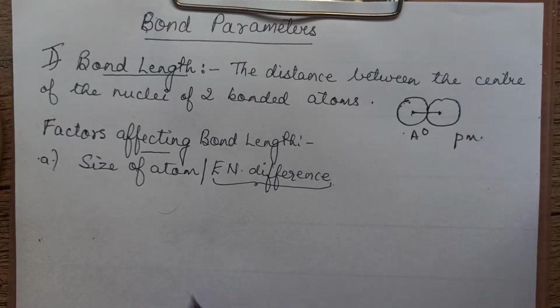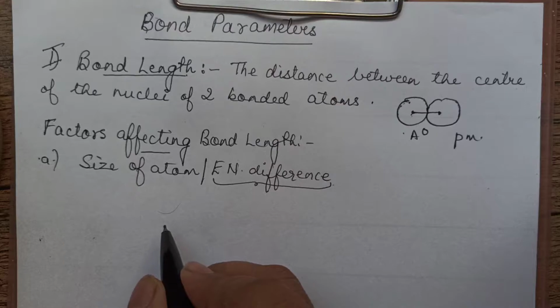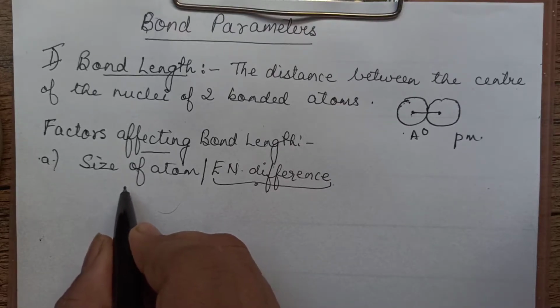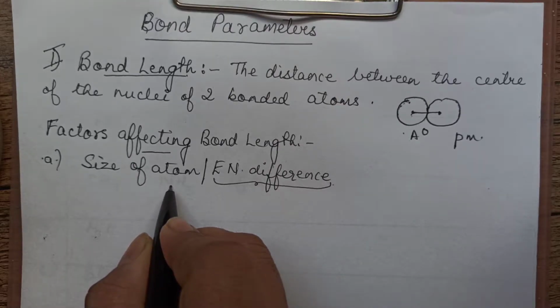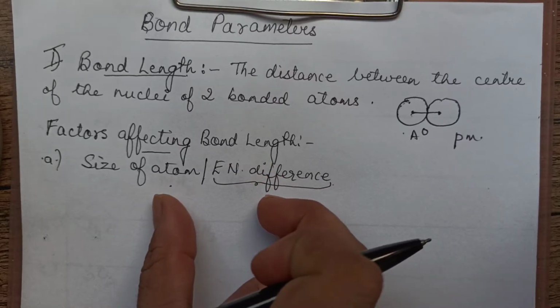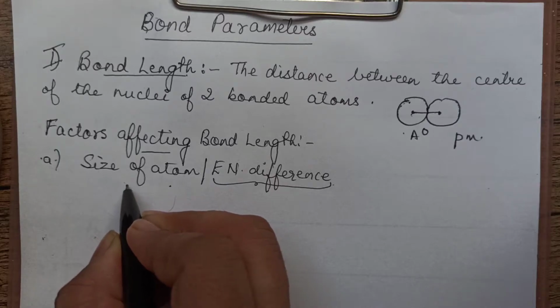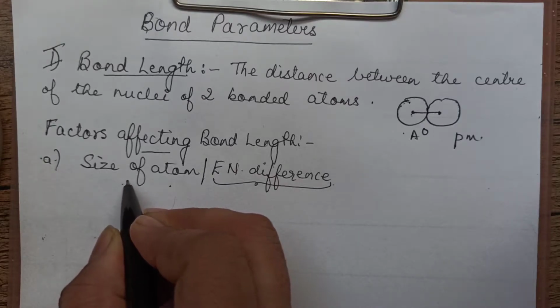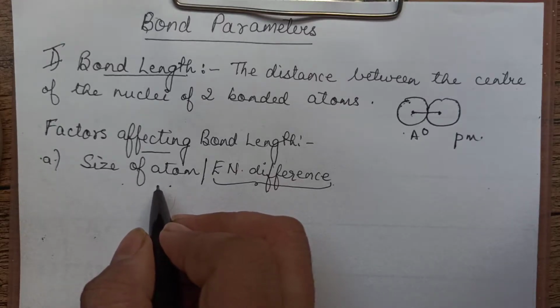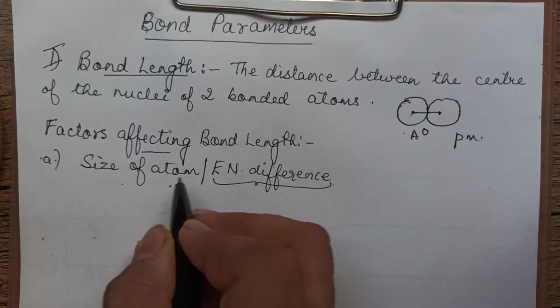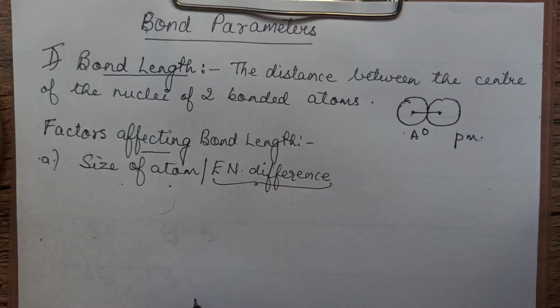Now, what factors affect bond length? The first factor is the size of the atom. Both are related: we can say electronegativity difference or size of the atom, because size ultimately affects electronegativity, and if electronegativity is affected, the difference will also be affected.